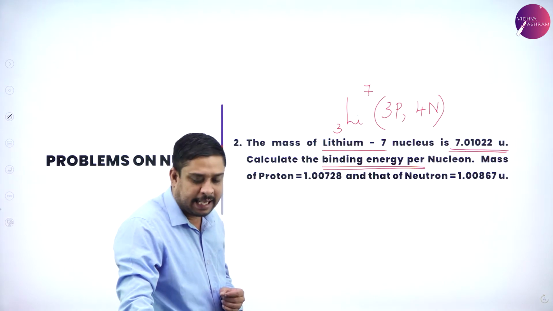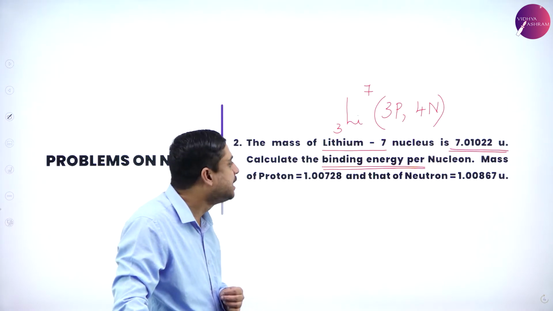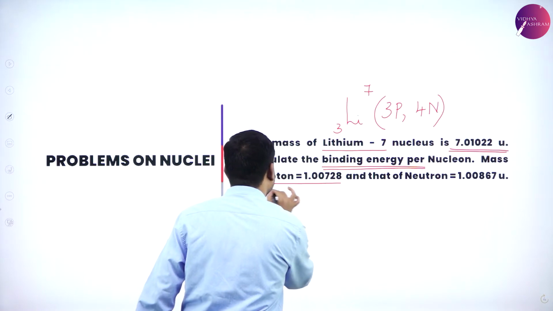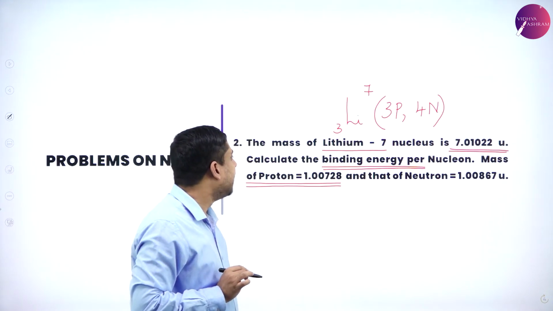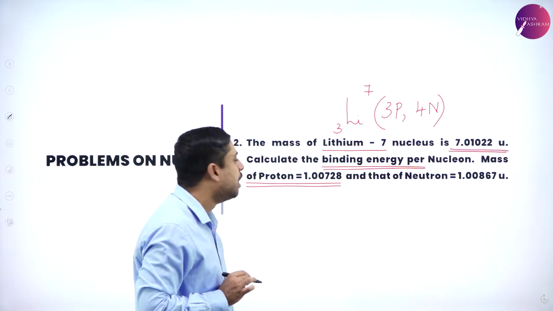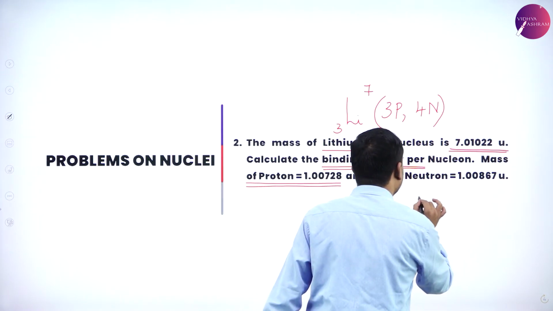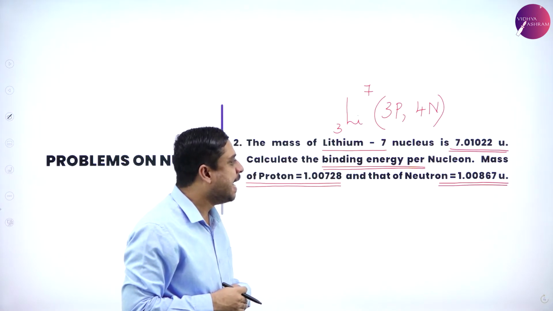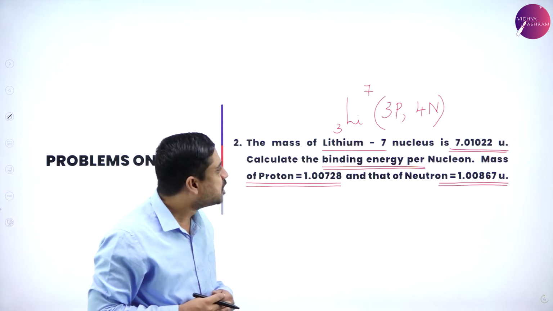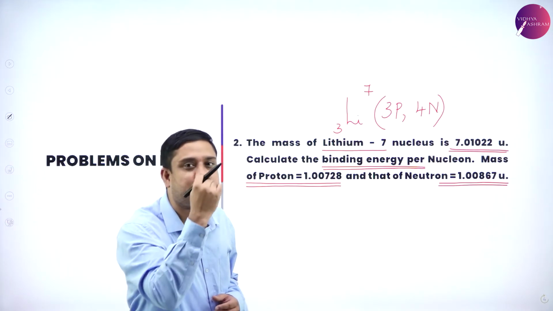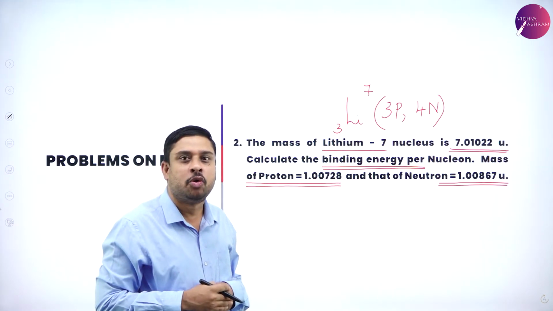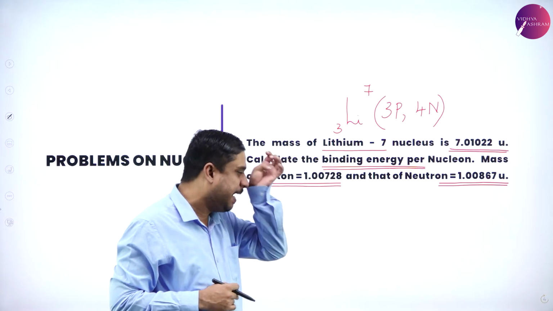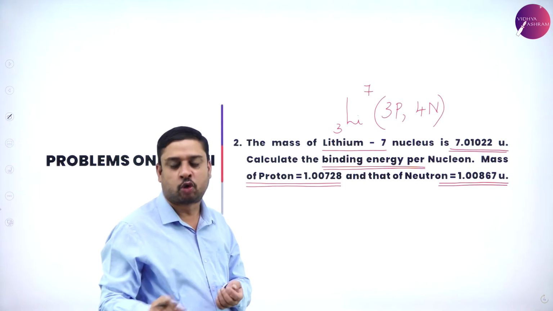So we are calculating the binding energy per nucleon, given the mass of one proton again is 1.00728 and that of neutron is 1.00867. How many protons are there here? 3 protons. How many neutrons? 4 neutrons.